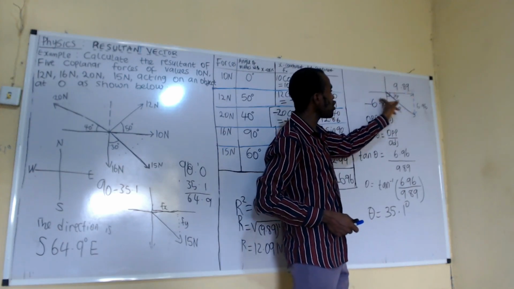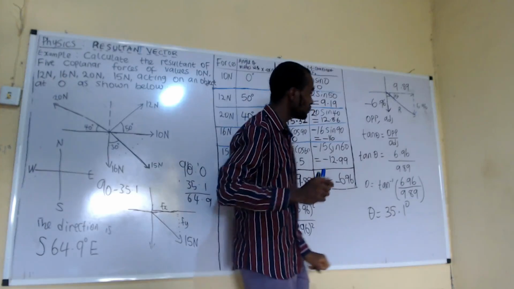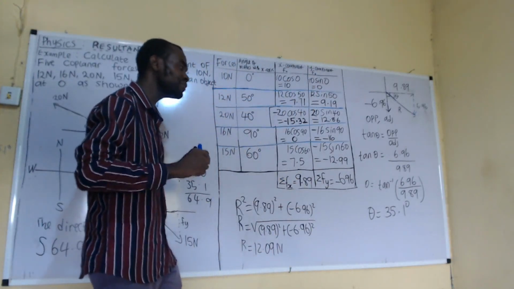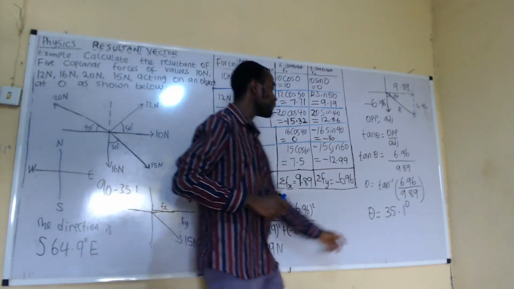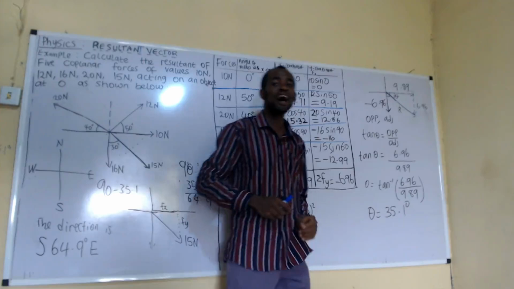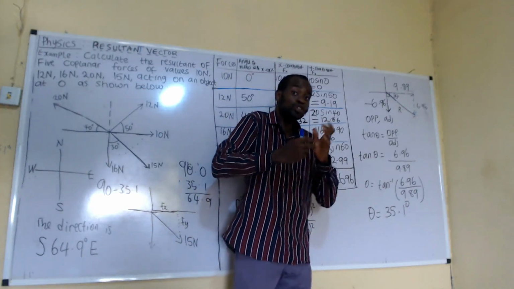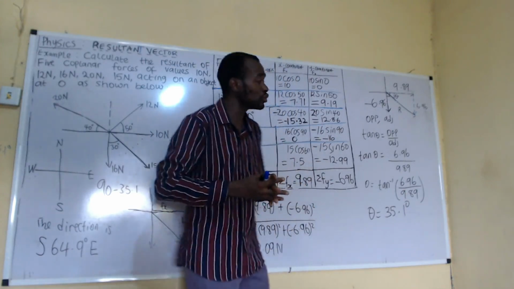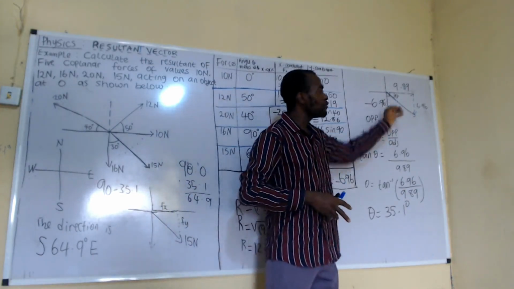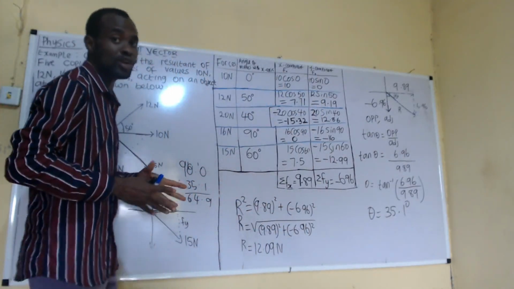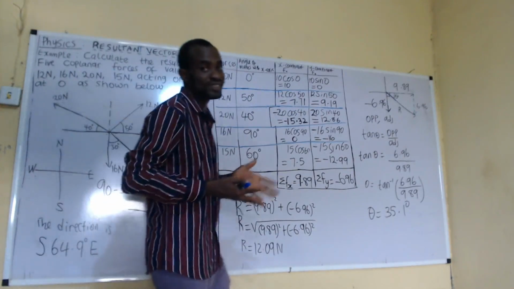This all round is angle at a point, so which is 360 degree. So it will now be 360 degree minus 35.1 degree. Your answer will also give you a direction of the resultant vector. It's just different way in which you talk about direction.